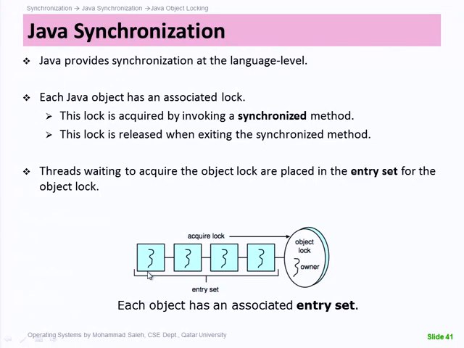Do they have to queue here? They don't have to, because non-synchronized methods can be granted access, no problem with that, even if there is a synchronized method active, not yet finished with its code. So that's the idea.